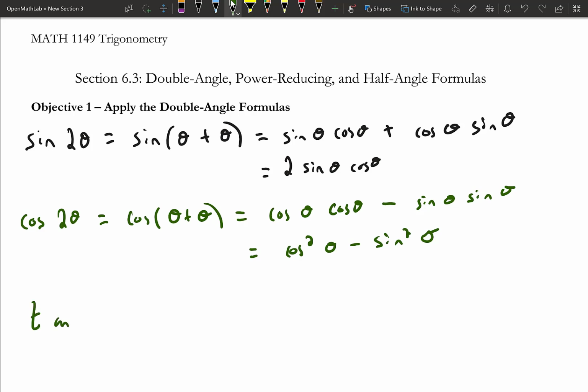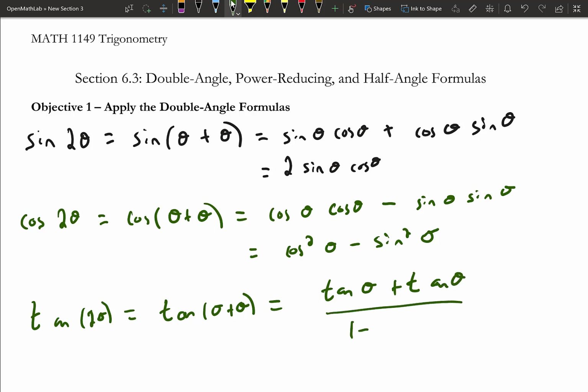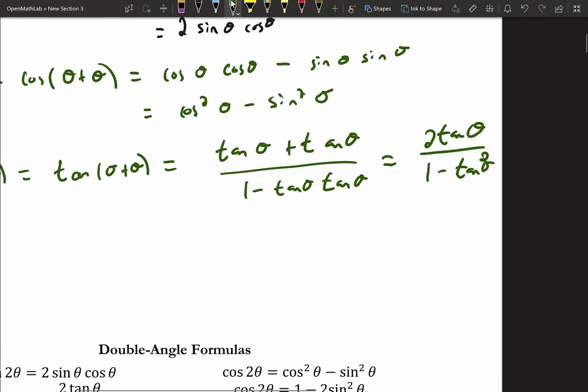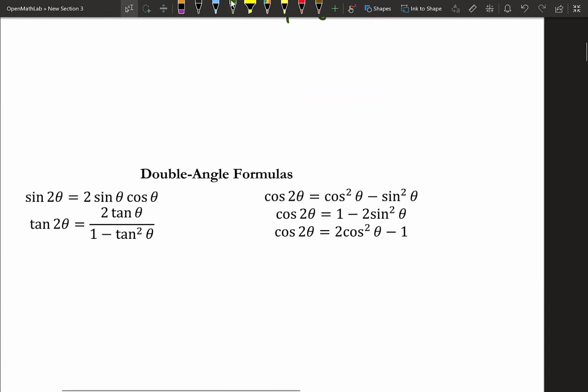And then tangent of 2 theta is equal to tangent of theta plus theta, which would be tan theta plus tan theta all over 1 minus tan theta times tan theta, which is equal to 2 tangent theta divided by 1 minus tangent squared theta.